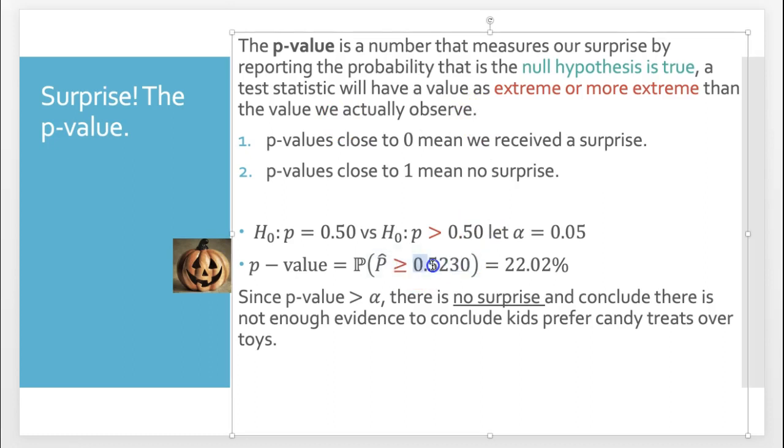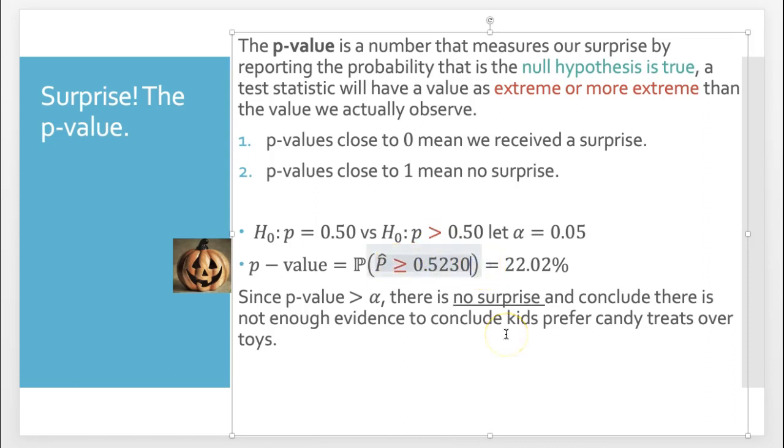So here we observed this value, 0.5230. So the p-value is the probability of observing this or more extreme. More extreme means larger, because remember our alternative is larger. So that means we're going to reject if our proportion is a lot larger than 50%. So our p-value is that.